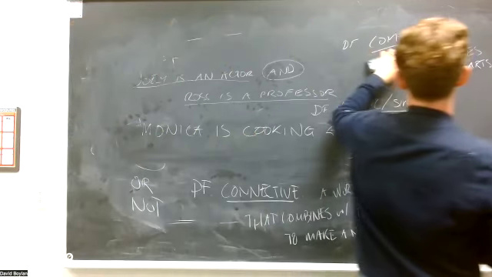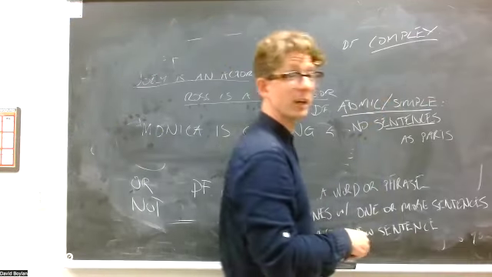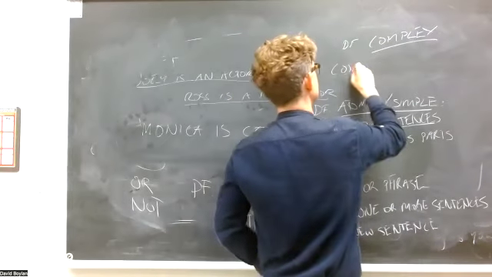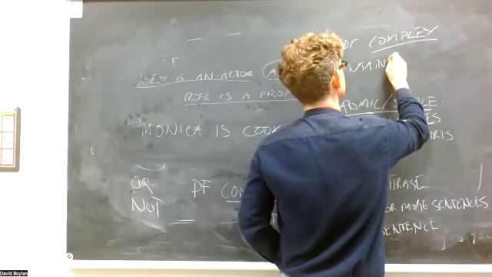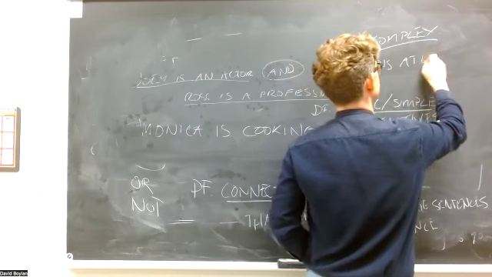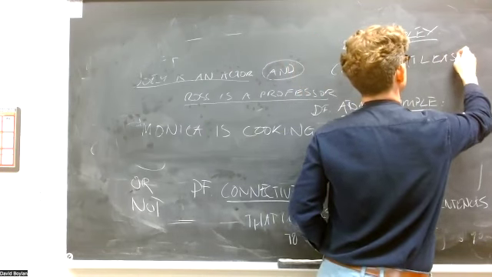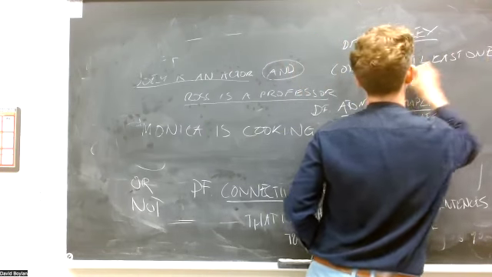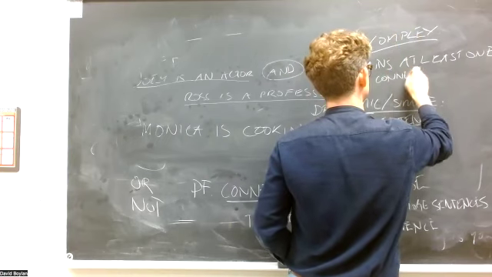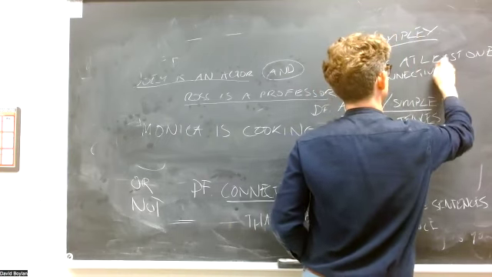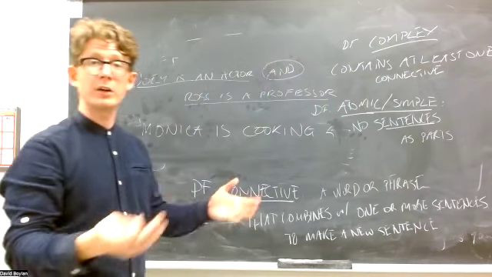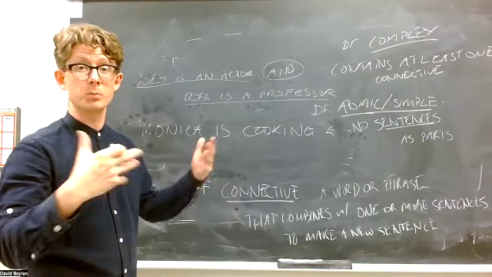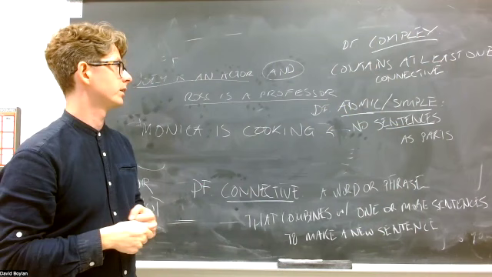So our second definition, which is even simpler: it just contains at least one connective. Because if you've got a connective, you've got to have other sentences as parts that the connective combines with.